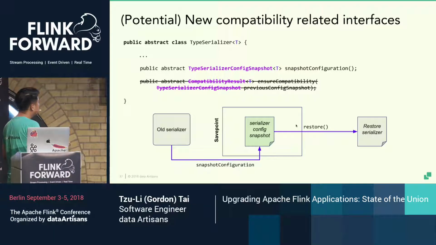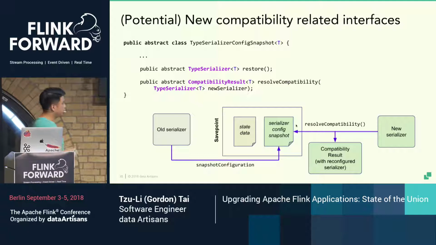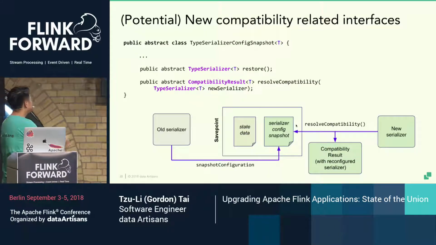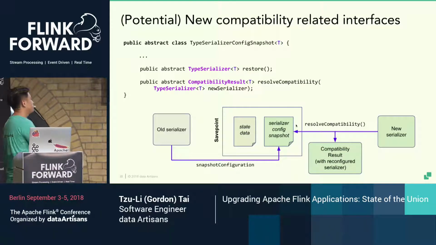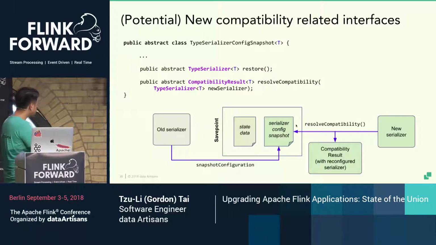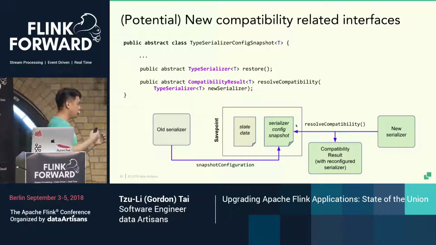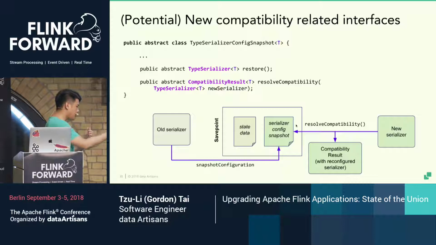So we restore the serializer, and that compatibility resolution method will potentially be moved to this TypeSerializer config snapshot class, which also has this new restore method. And this restore method would be used to restore the serializer. So the direction would potentially be opposite, as in we would provide the new serializer to the config snapshot of the old serializer and ask, hey, am I compatible?